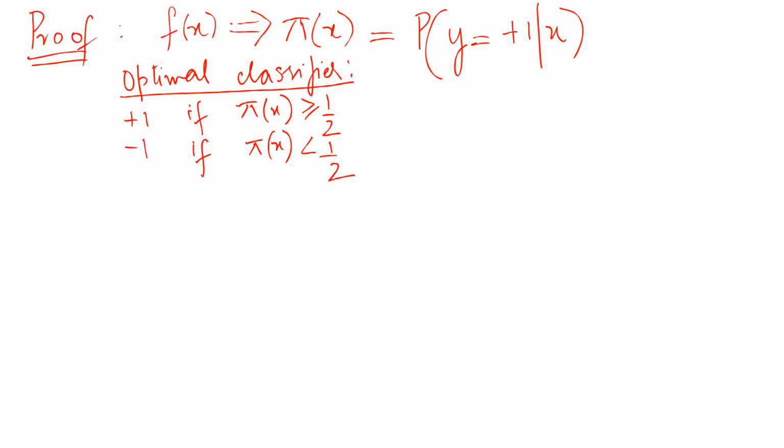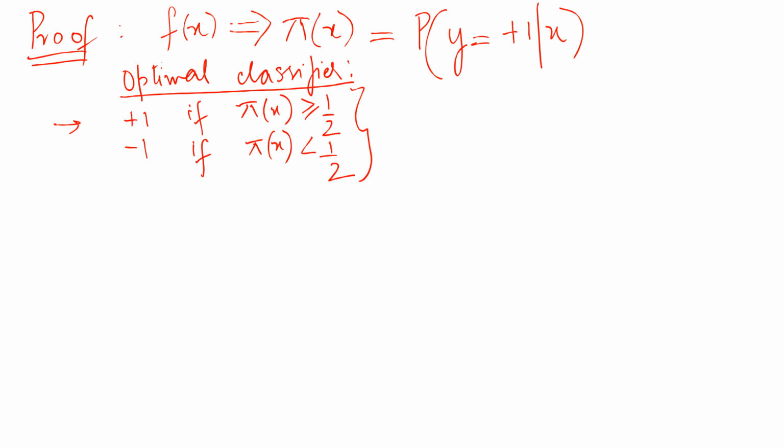Why is this the definition of the optimal classifier? If pi of x is greater than or equal to half, then the chances of getting +1 are larger than a half, so the majority of the time the classification of x is +1. So if you say +1, you agree with it and get an error of 0 the majority of the time.